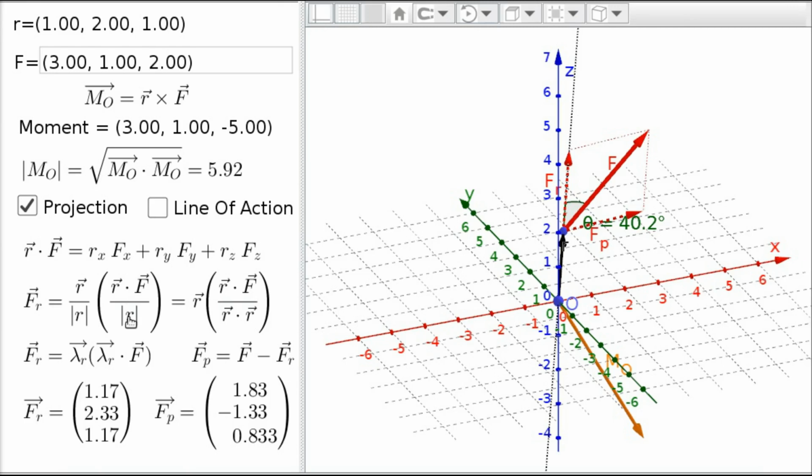Since the magnitude is the square root of the product of the r's, we can actually replace these two magnitudes by an r dot r. So we can simplify our computation a little bit in this manner, because this quantity inside parentheses is the magnitude of our projected vector F onto r.